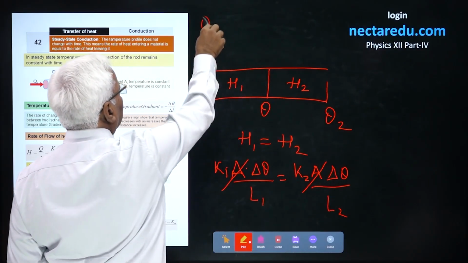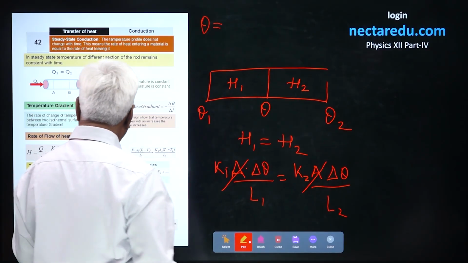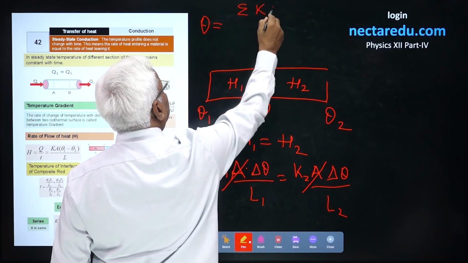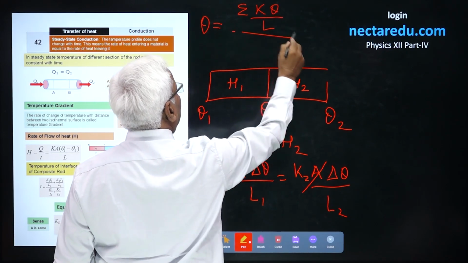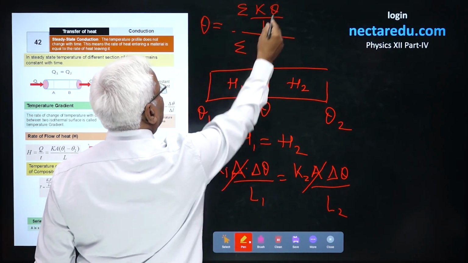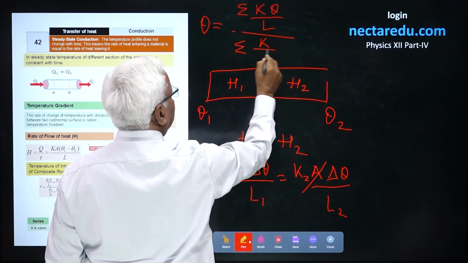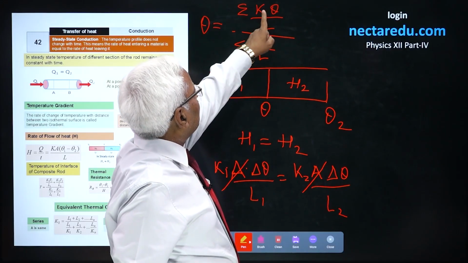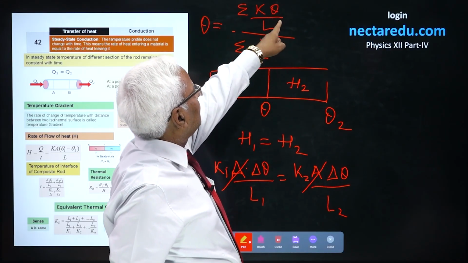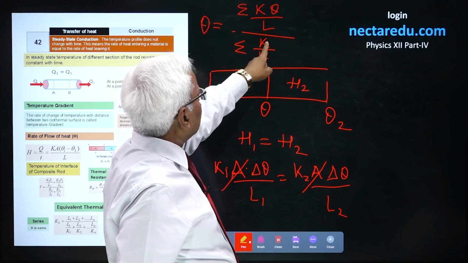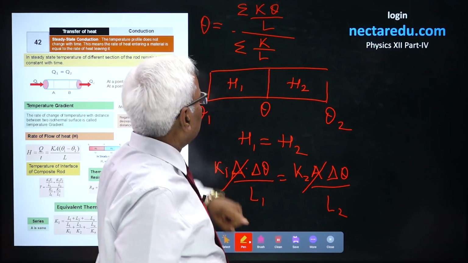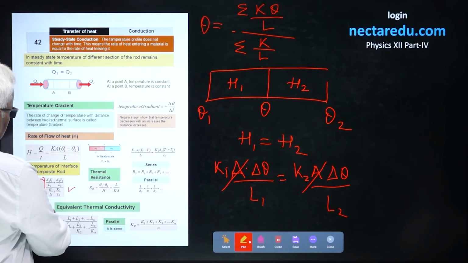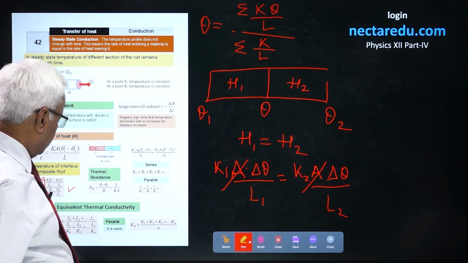If you solve, you are going to get the final value of temperature of interface. This could be written as sigma K theta upon L, upon sigma K upon L. Now, if there are two, you could say K1 theta 1 upon L1, K2 theta 2 upon L2. Similarly, here K1 upon L1, K2 upon L2. By elaborating, you will get this form, and it is the temperature of interface.